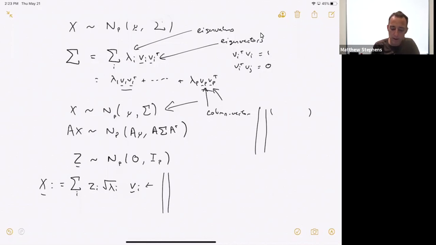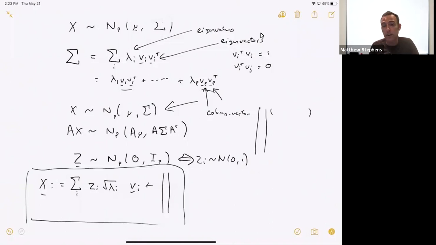Zi is normal 0, 1, of course. And lambda, the eigenvalues, are scalars, and the v is a vector. So what we're doing here is writing x, which is a column vector of length p, as the sum of several scaled column vectors.